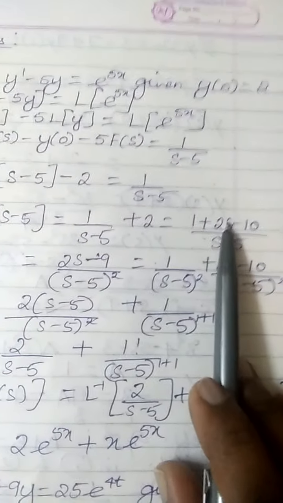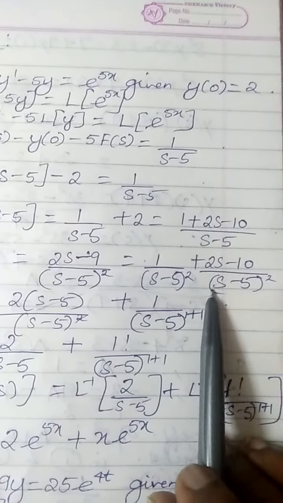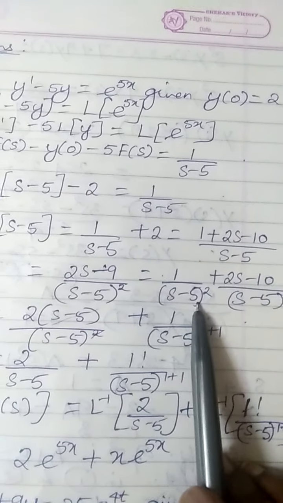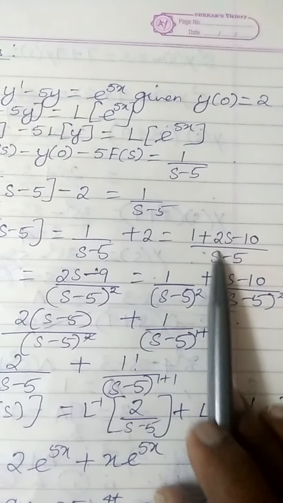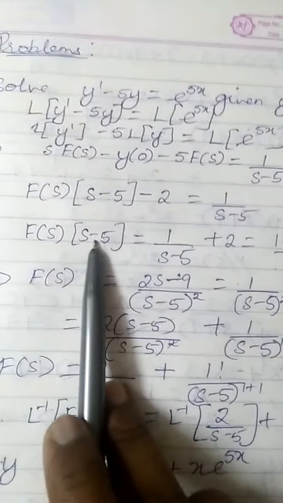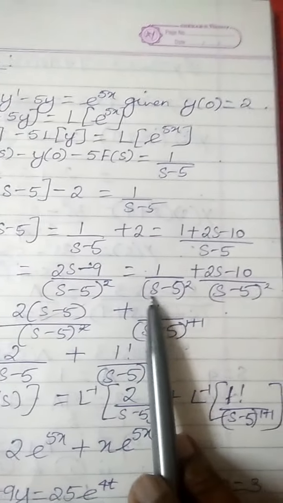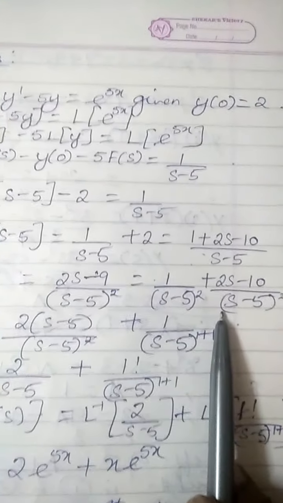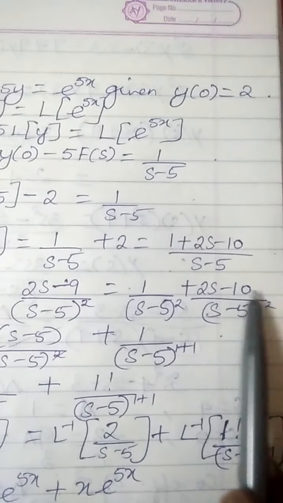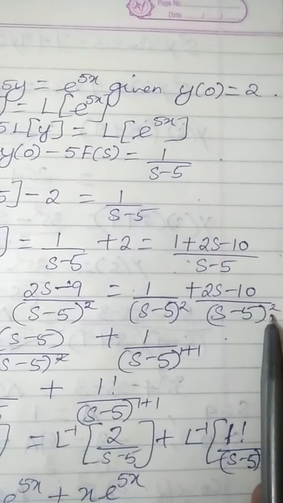However, we are going to proceed with the next step by writing it as 1 by s minus 5 plus 2s minus 10 by s minus 5. On the left side, we have another s minus 5. When it is moved to the right, we get s minus 5 whole square in the denominator. So we have 1 by s minus 5 whole square plus 2s minus 10 by s minus 5 whole square.